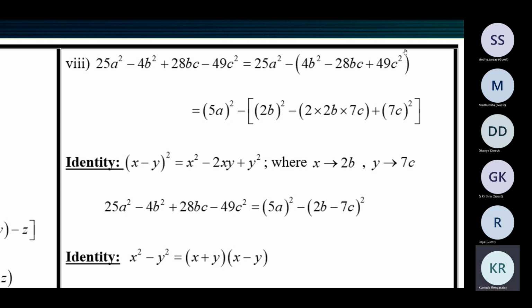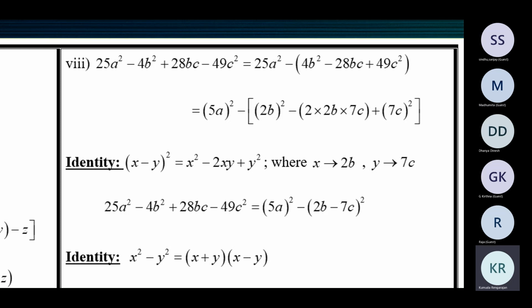Open and close a bracket, and inside the bracket you write these three terms with their opposite signs because there's a minus outside. So minus 4b square is written as plus 4b square, plus 28bc as minus 28bc, minus 49c square as plus 49c square. Is the first step understood, children? Yes, ma'am.